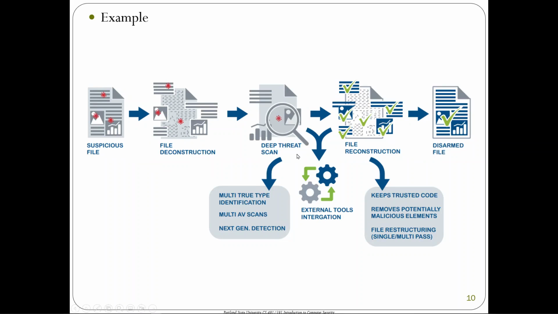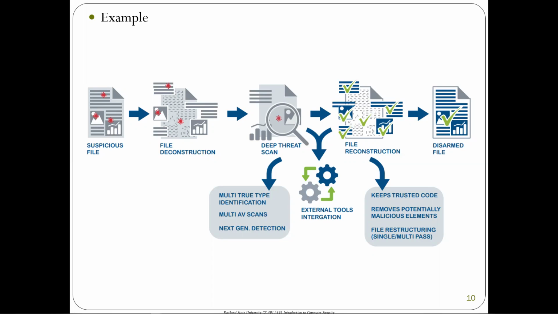So this is what you would put in front of your HR department. You would take all of the incoming resumes and you would do this and reconstruct it so that when the HR department is double clicking on that attachment, it won't lead to code execution on this thing.